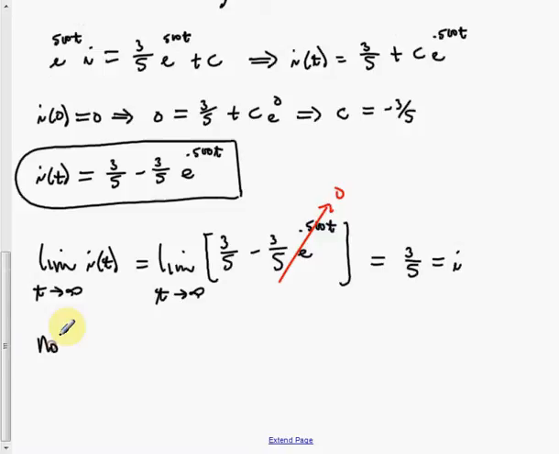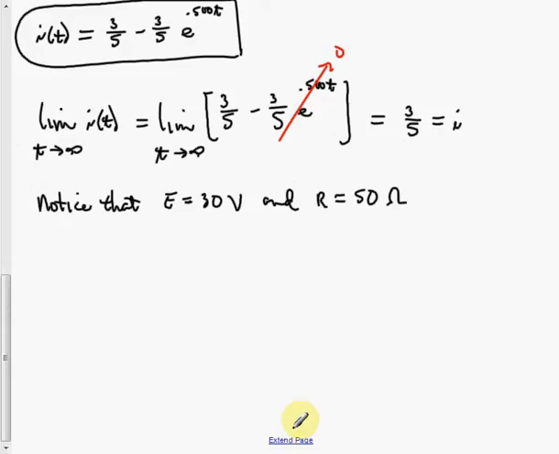But if you notice, we had the voltage was 30 volts and the resistance was 50 ohms, and this gives us, we know R times I is equal to E. That's Ohm's law.